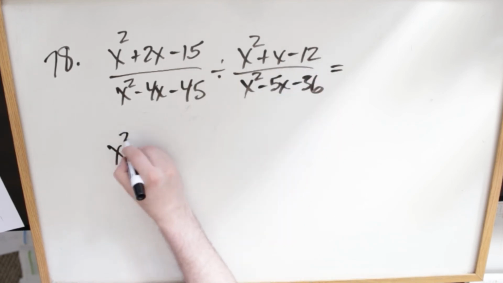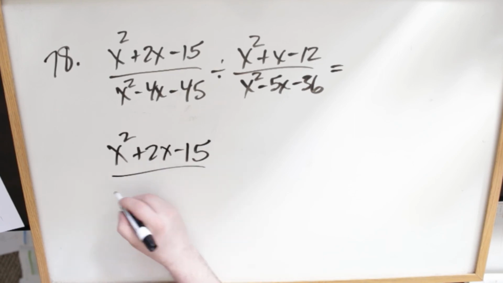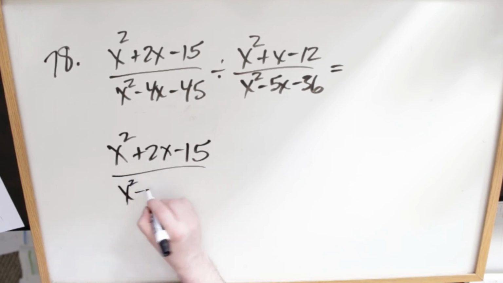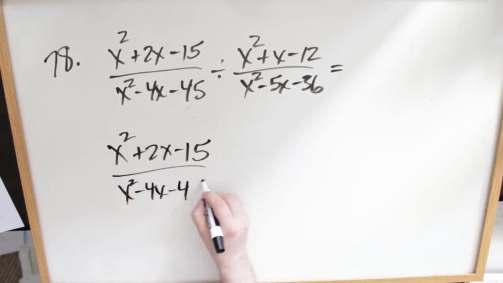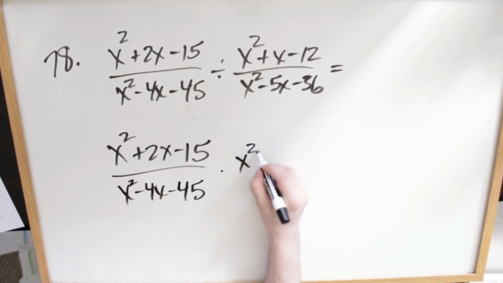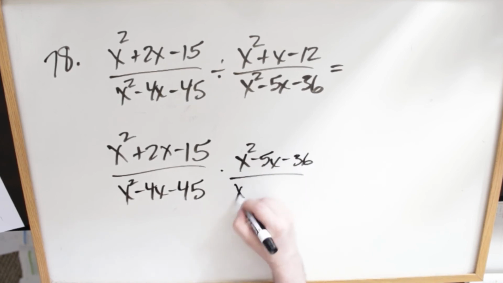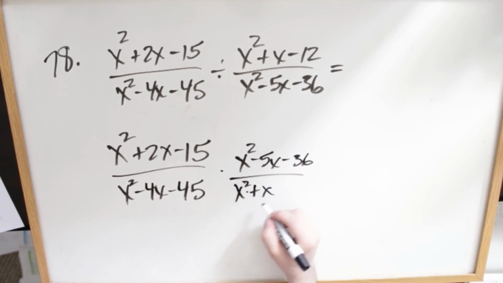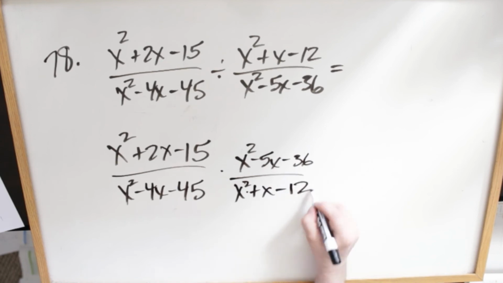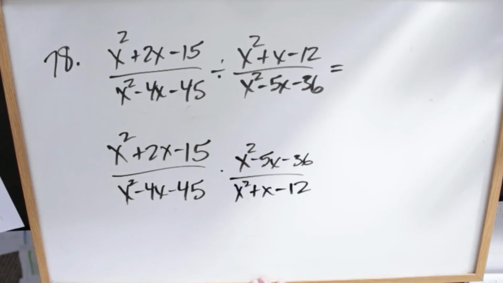So x squared plus 2x minus 15 comes along for the ride. X squared minus 4x minus 45 times, flip it, x squared minus 5x minus 36 all over x squared plus x minus 12. Okay, so that's what we have.